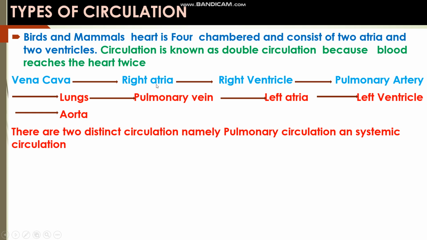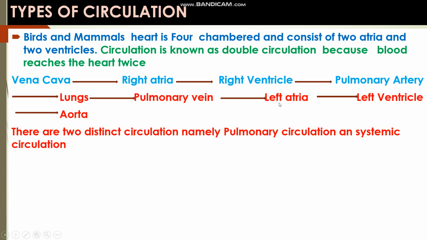The blood flows from the right atria into the right ventricle. The right ventricle will pump the deoxygenated blood to the pulmonary artery. Pulmonary artery takes this blood into the lungs for oxygenation. And the oxygenated blood is then brought back to the heart by the pulmonary vein. So this circulation is known as pulmonary circulation.